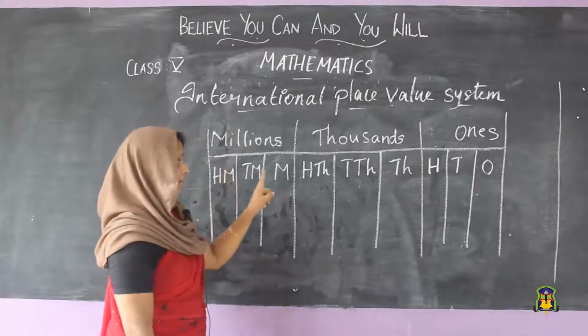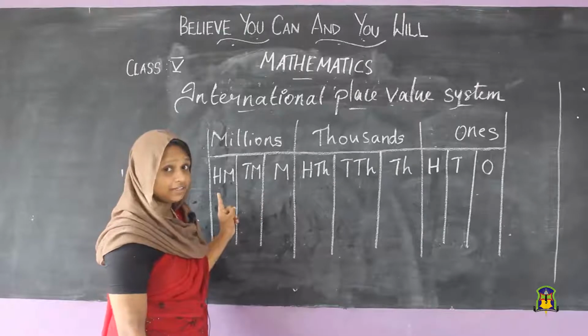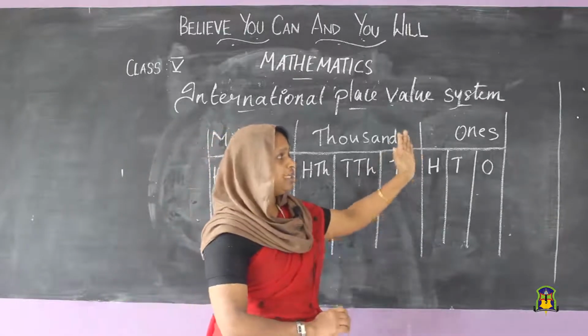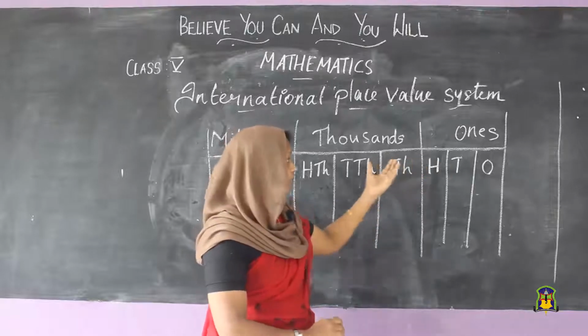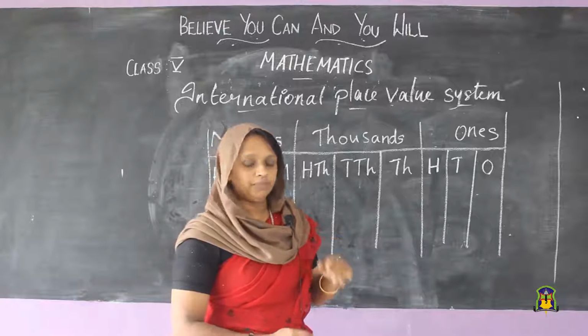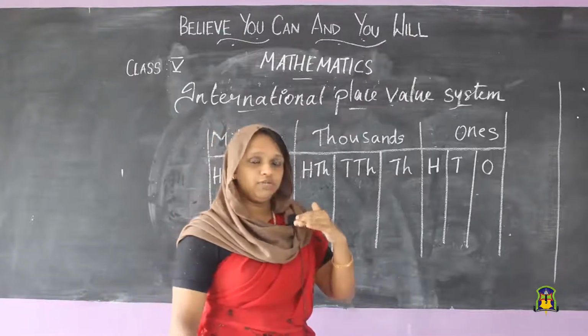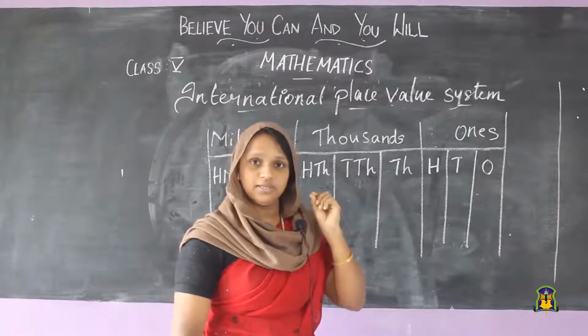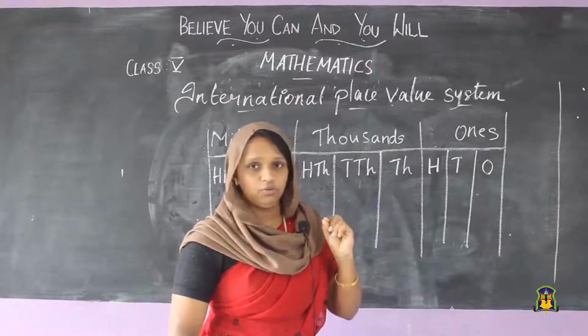Then comes million, 10 million and 100 million. Then we also want to separate each period with commas. Then only you will feel easy to write the number name as well as to write in figures.